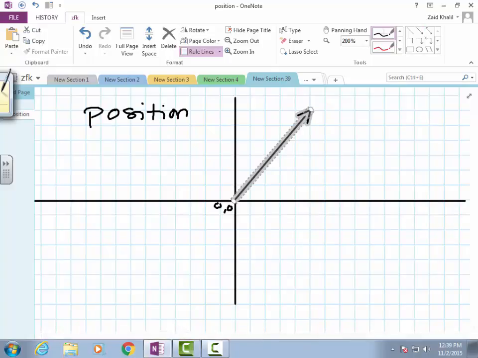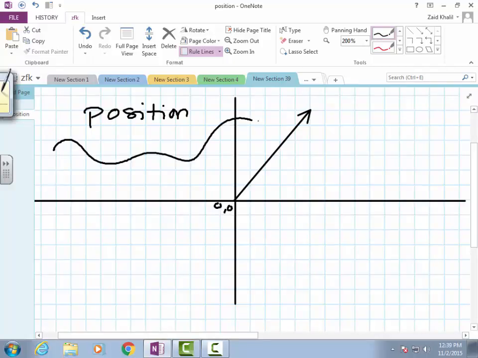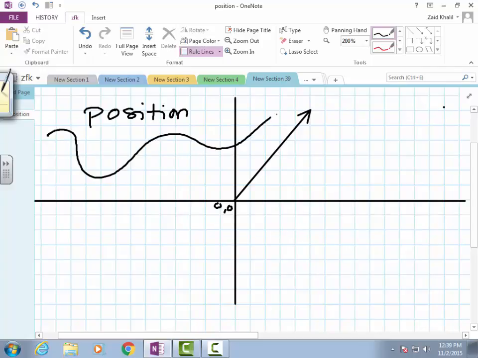Or if you want, what I could do is something a little bit more drastic. Let me have this thing move all over the place. In other words, here is this object, here's this fly, and what the fly is doing is traveling like that.